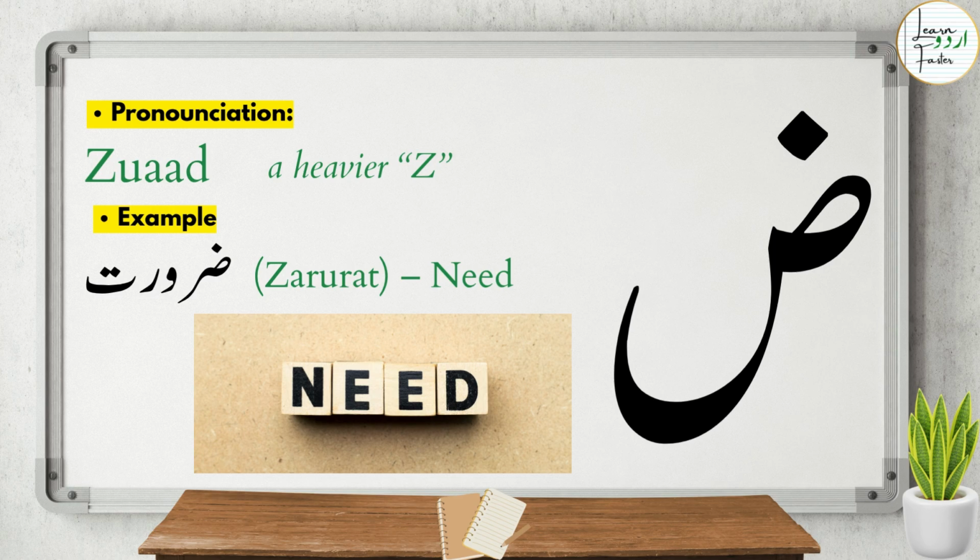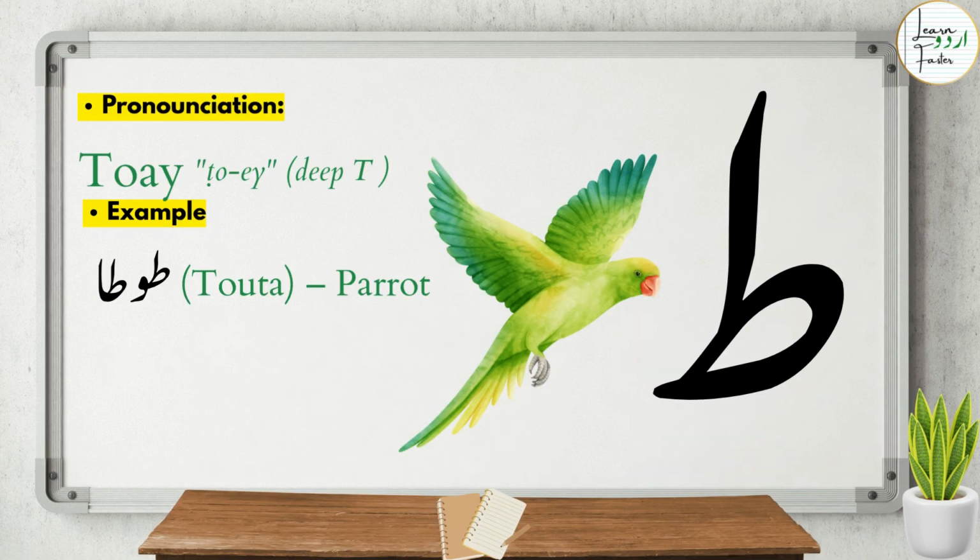In English, need. Move to the next alphabet, Toy. Repeat after me, Toy. With a deep T. Example word is Tota, parrot.